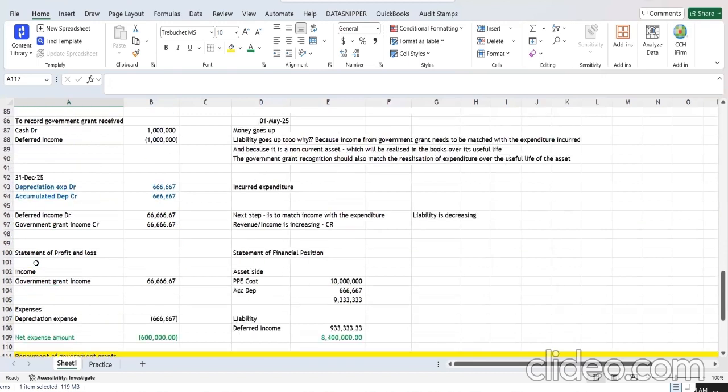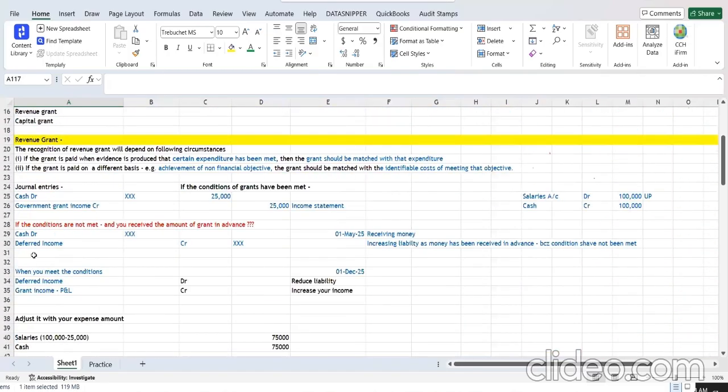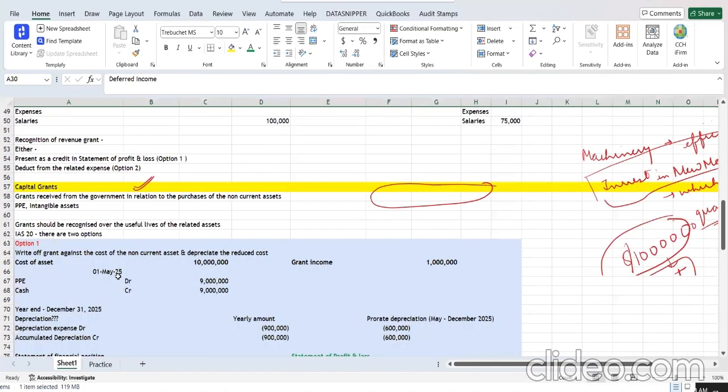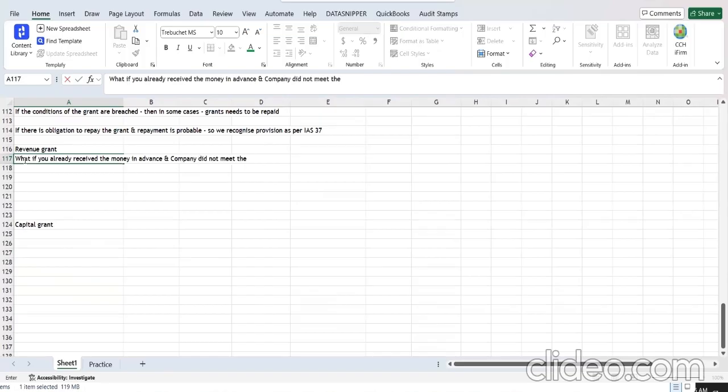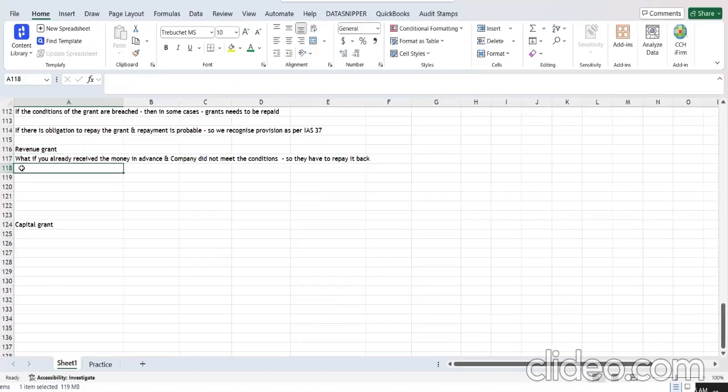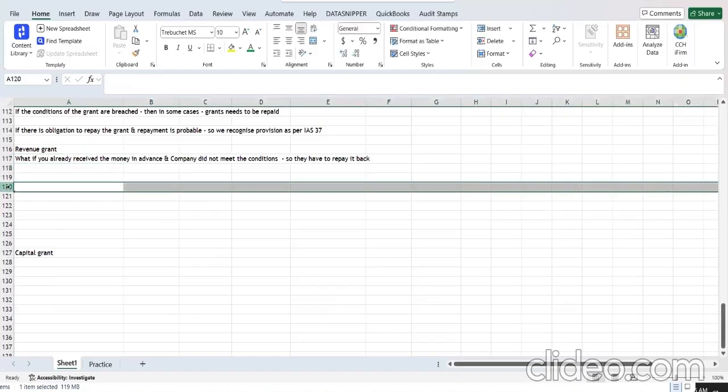I'll make it more clear: what if you already received the money in advance and the company did not meet the conditions, so they have to repay it back. So in that case, if you already received money in advance, right?